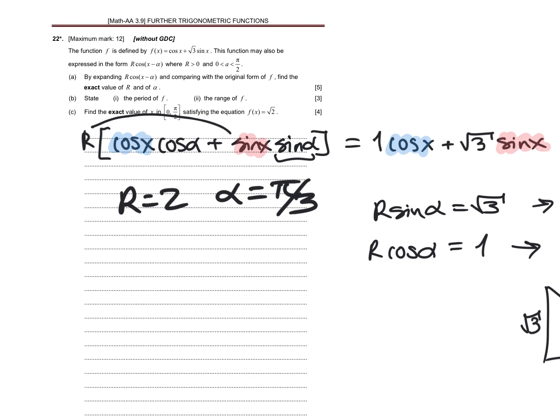Okay. State the period of f. So that means f at x is now 2 cosine of x minus pi over 3.